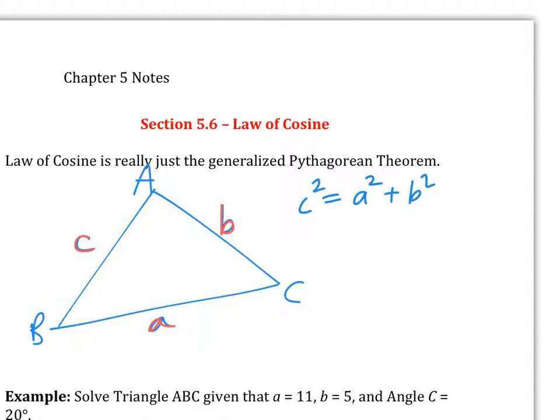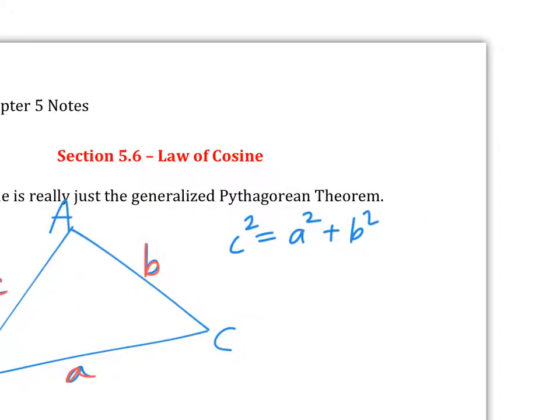However, law of cosine is basically like Pythagorean theorem. But because it is not a right angle, we need to subtract some stuff out. So we need to subtract out 2AB cosine of C. So again, you're just going to memorize it as if it's Pythagorean theorem. A squared plus B squared equals C squared, but because it is not a right triangle, you need to subtract out this factor.